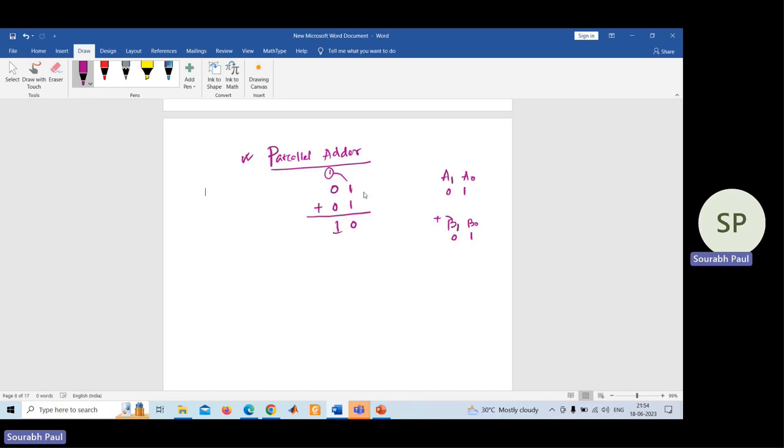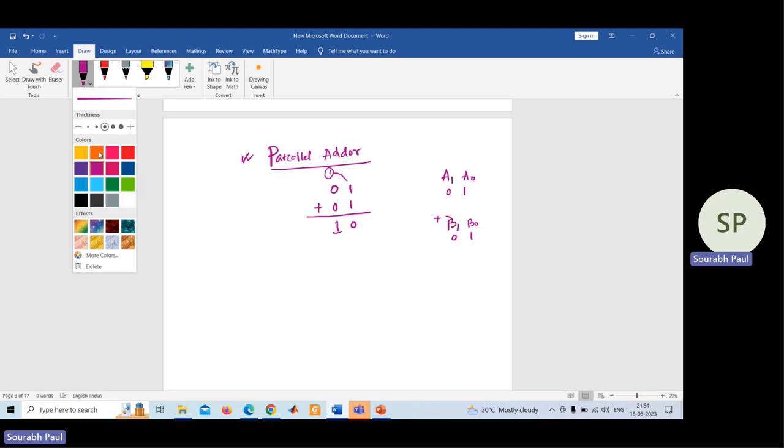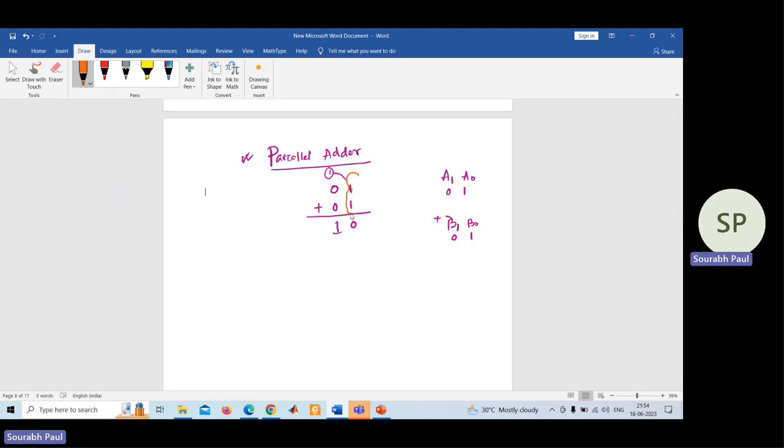If you remember my previous lecture, I told that for the right side, these two bits are good for a half adder, because each number has a single bit. However, if you see the left side part here, how many bits do you need to add? You need to add three numbers, and each number has a single bit. This is one number, this is the other number, this is the third number.